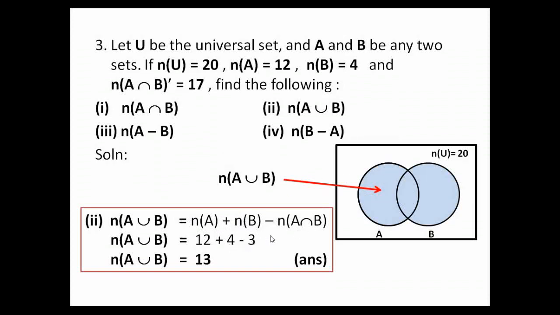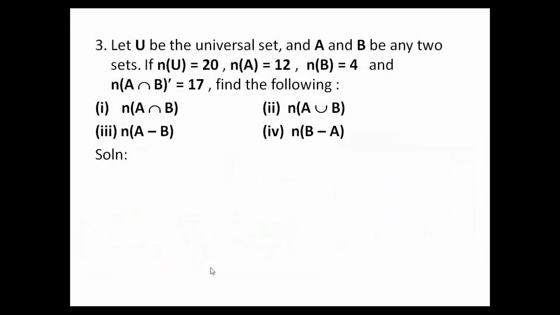That's why we subtract A intersection B. So n(A union B) is equal to 12 plus 4 minus 3, because n(A) was 12, n(B) was 4, and n(A intersection B) was 3, which we found out in the previous question. So we have n(A union B) equal to 13.